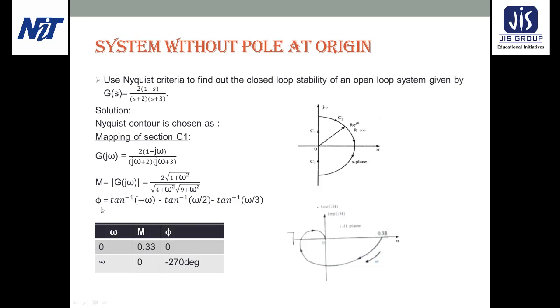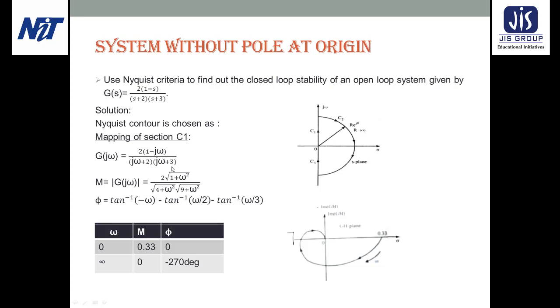So next is the phase angle. To find the phase angle, the angle contribution for this 2, that is the gain, is 0 or none. And for 1 minus j omega, which is located in the numerator, the angle contribution will be tan inverse of minus omega by 1, so it can be written as tan inverse of minus omega. Now the remaining two terms are minus tan inverse of omega by 2, and minus tan inverse of omega by 3.